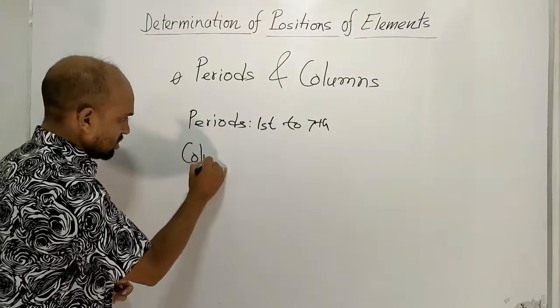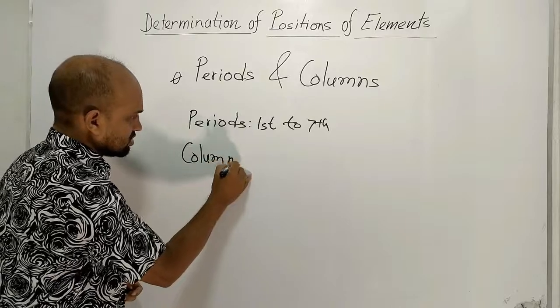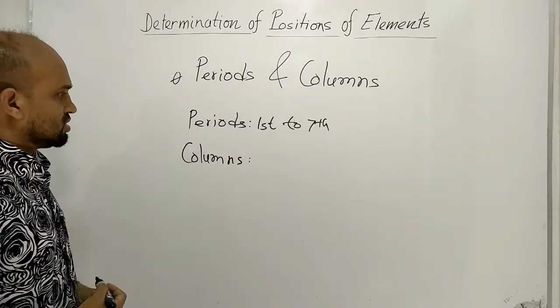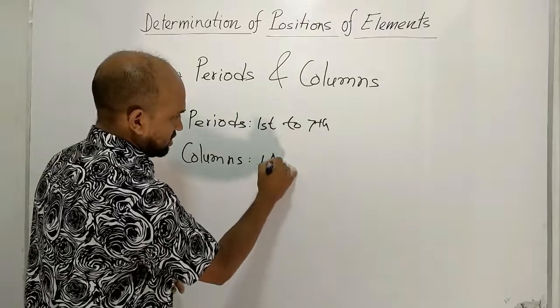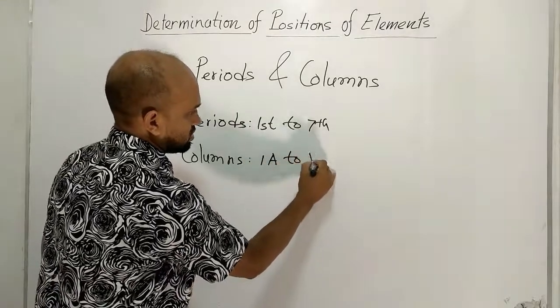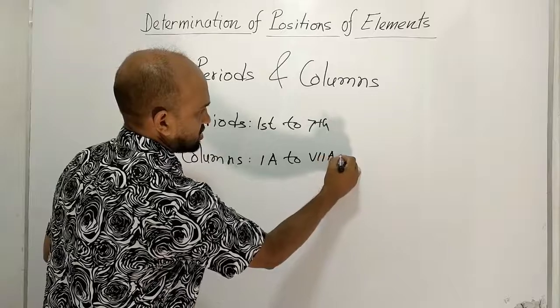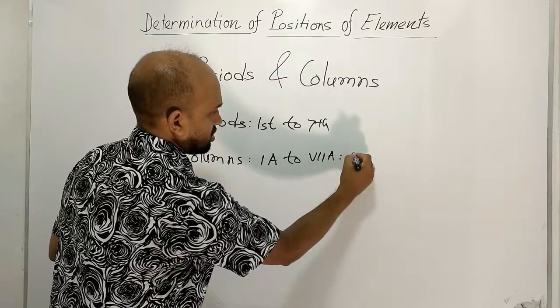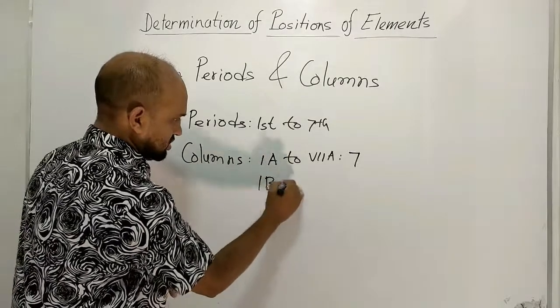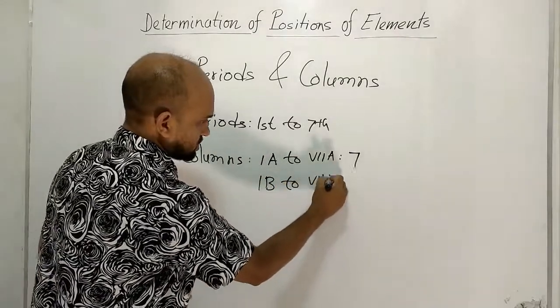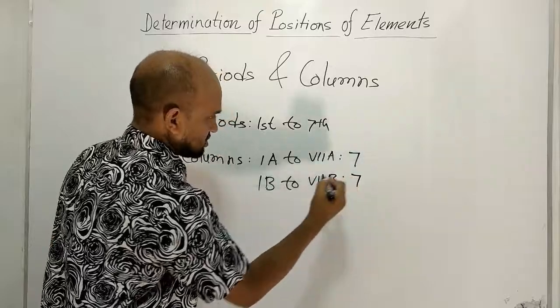And columns in the modern periodic table are 1A to 7A, total 7, then 1B to 7B, another 7.